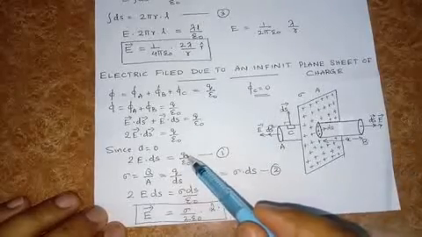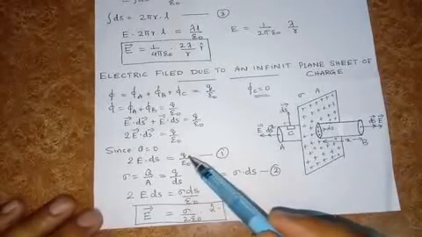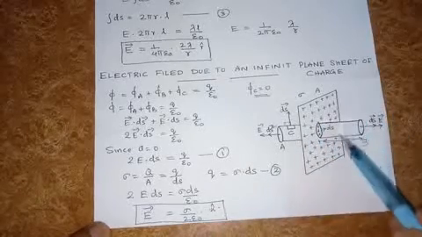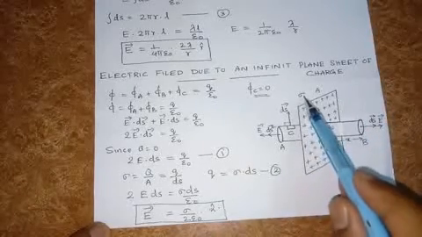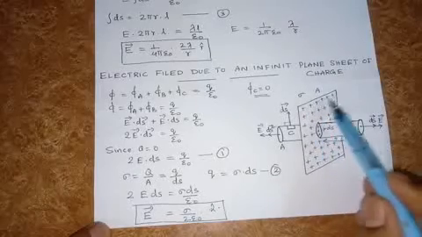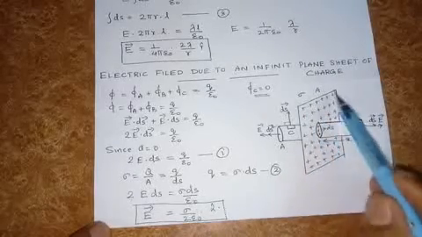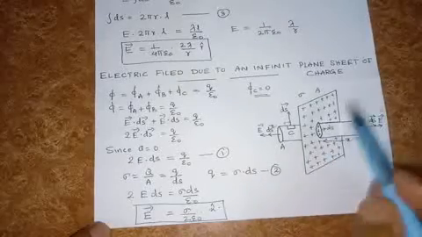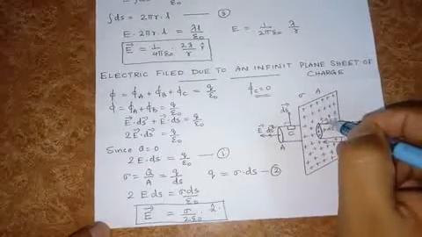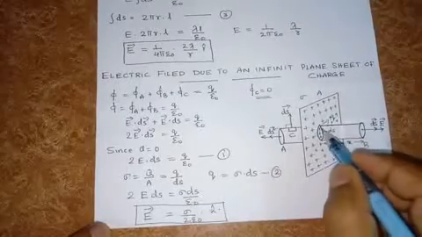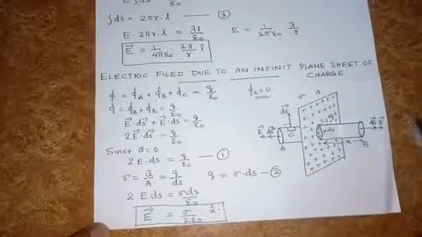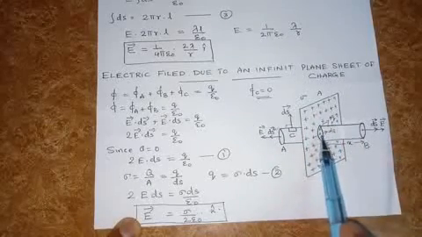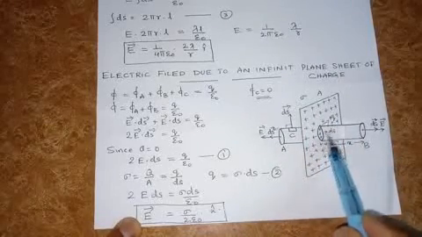Now what is this Q? This Q is the charge enclosed within the Gaussian surface. The charge density remains the same over the entire sheet. The charge density helps me find the charge enclosed within the Gaussian surface of area ds.